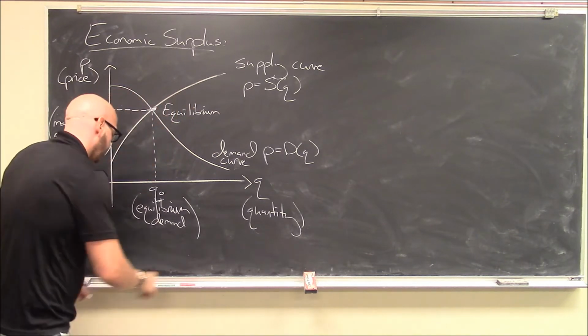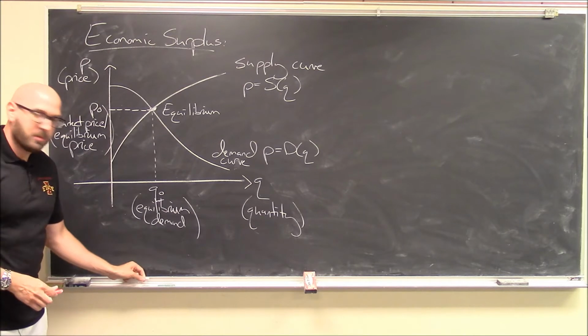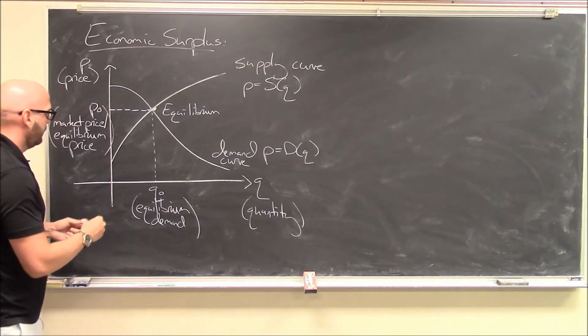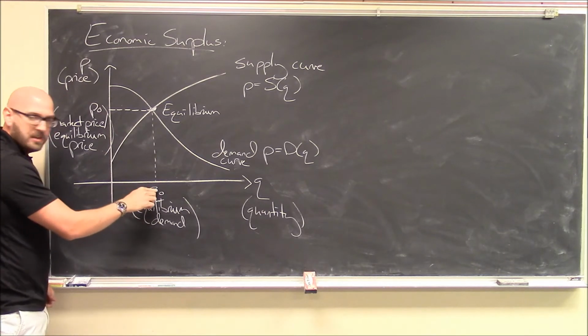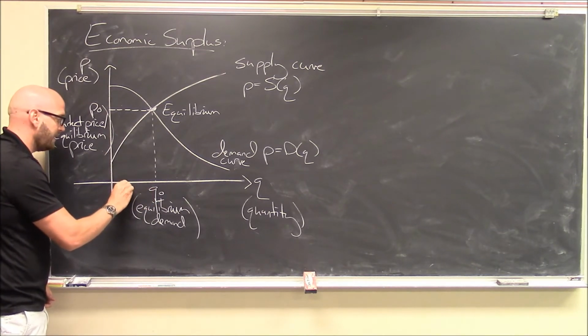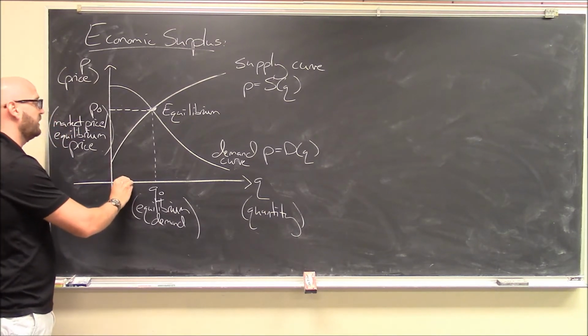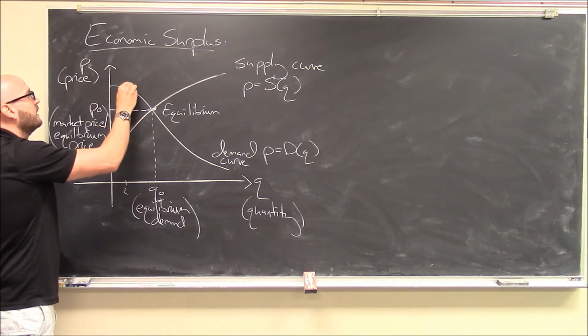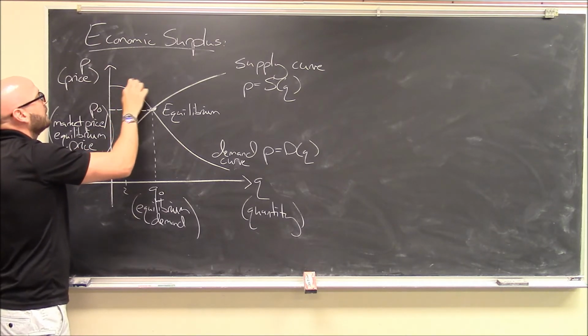Okay, so we're talking about economic surplus here. I want to talk about two separate concepts. Suppose I choose a value less than Q naught. Suppose I come in here and maybe I choose like 2 people. So I look at this and I see, okay, those 2 people, this would be S of 2.